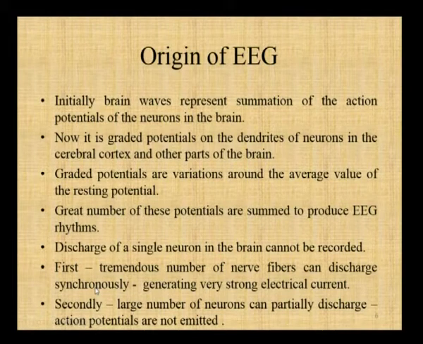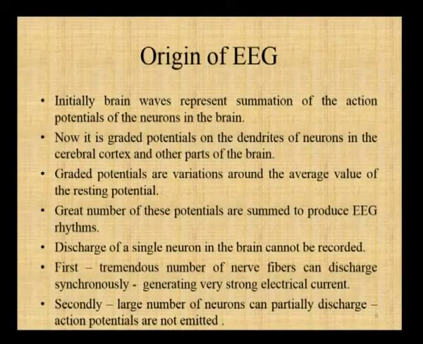So, first in the measurement, the first step will be considering a tremendous number of neural fibers discharging synchronously. So, that will be created by a very strong electric current. Secondly, a large number of neurons partially discharge, and action potentials are not emitted.